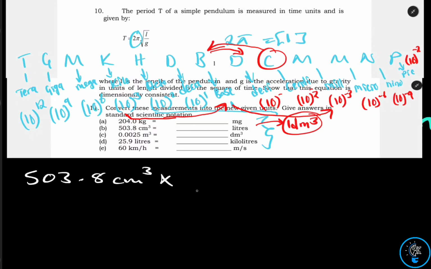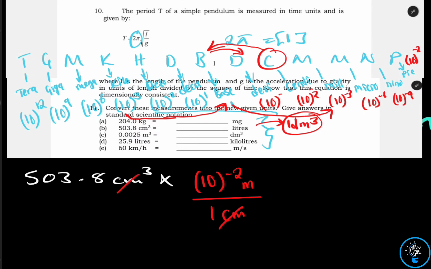So to convert it to the base unit, it will be how many? Since it's centimeters, it will be 10 to the power negative 2 meters. It's equal to 1 centimeter.